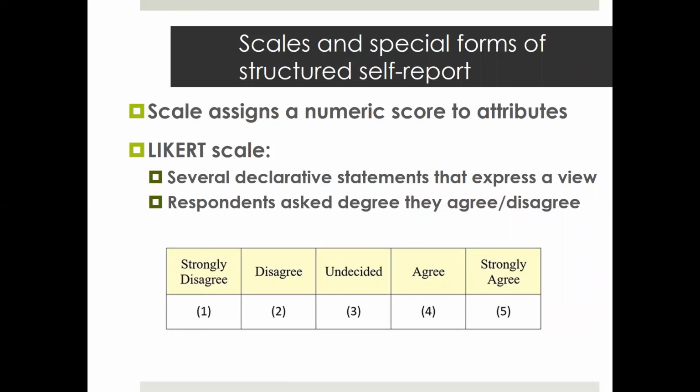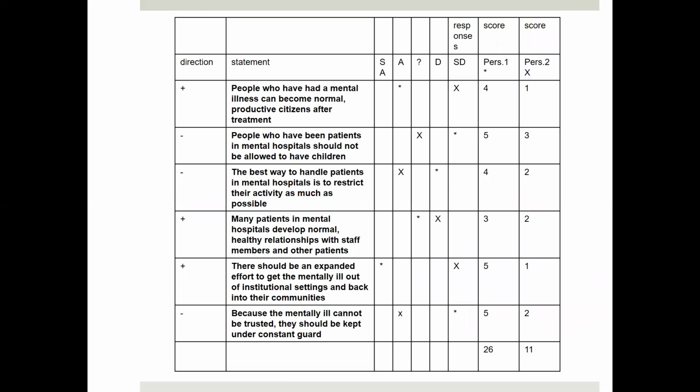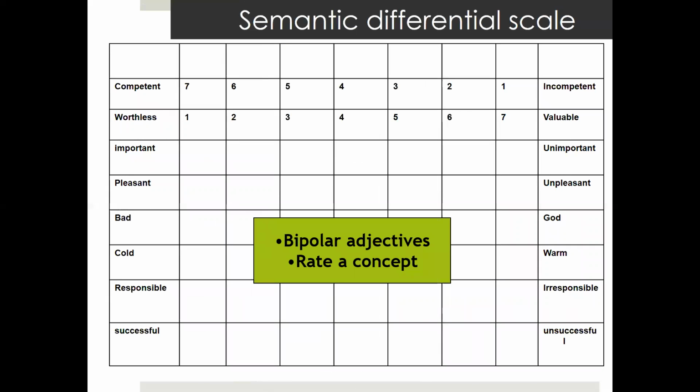There are declarative statements that express a view, and the respondent is asked to what degree they agree or disagree with that, and they choose one of these 5 categories. I've also seen these done with 7 levels, but 5 is the most common. It's always an odd number. So Likert scales are a very important way that we collect data.